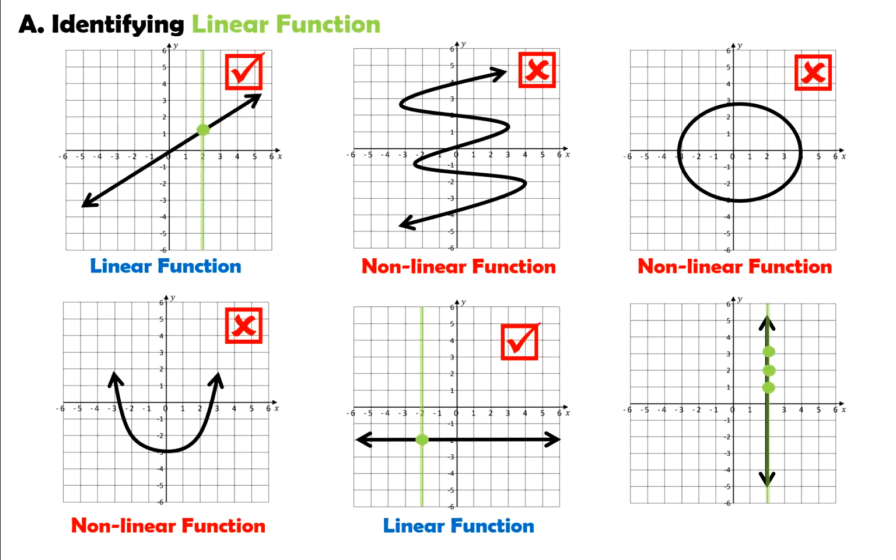More than 2, infinite yung mga points. It means na ito ay hindi function. So, this is not a function, so non-linear function ito. Ganito lang kadali kung paano natin ma-determine kung ang given na graph ay linear function.